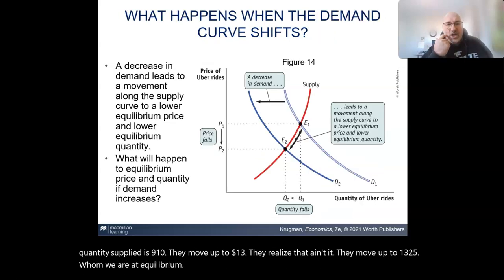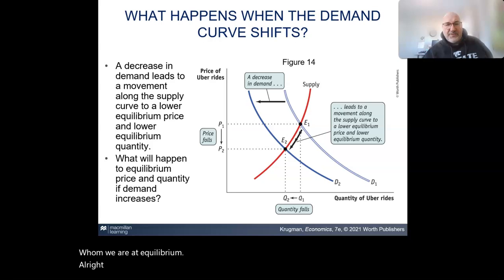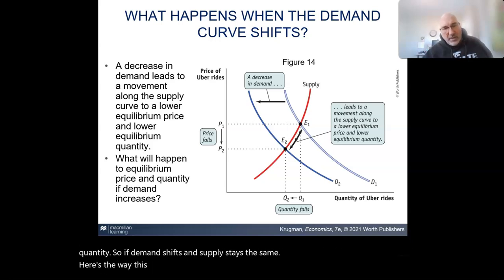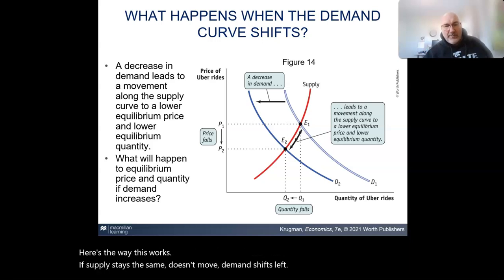All right. So if the demand curve shifts to the left, that lowers the price and the quantity. If demand shifts and supply stays the same, here's the way this works. If supply doesn't move and demand shifts left, price and quantity fall.